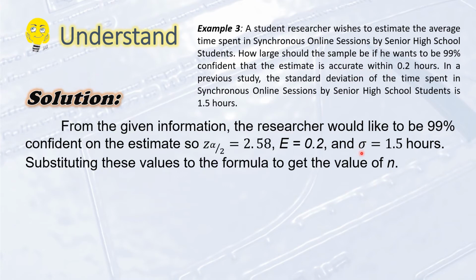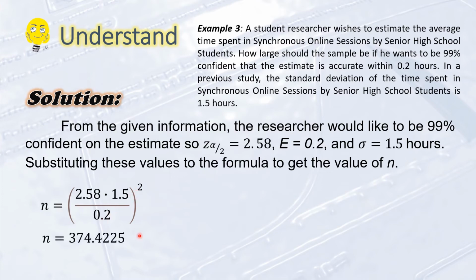And the population standard deviation from a previous study is 1.5 hours. Substituting these values to the formula to get the value of n, we have n is equal to (2.58 times 1.5 over 0.2) squared.